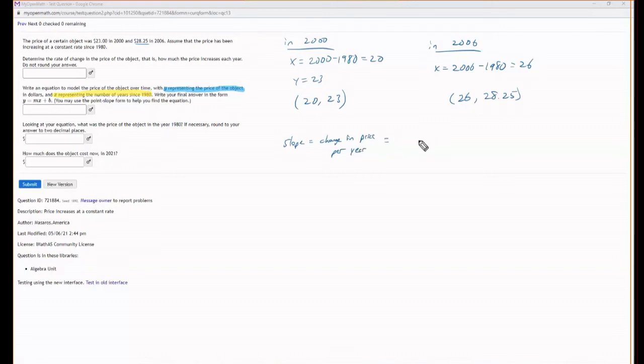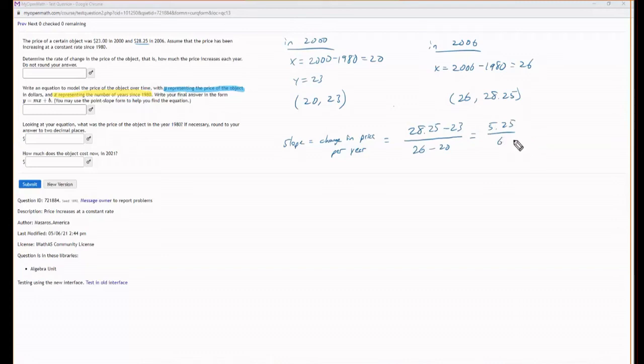All right, either way, we should end up in the same spot where we want to subtract to get the difference of prices y. So we take 28.25 minus 23, divided by the difference in years. So 26 minus 20. Okay, so we get 5.25 divided by 6.